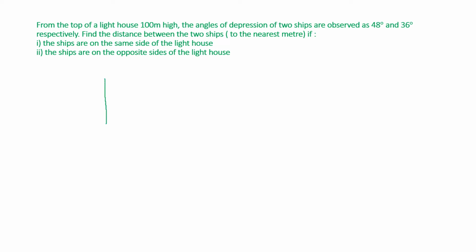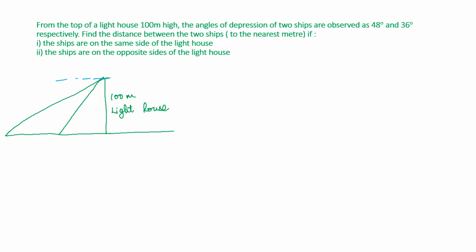First of all, suppose that this is the lighthouse and this is the sea. When I am saying they are on the same side, suppose this is the situation. This is the lighthouse, 100 meters high from here to here, and this is the normal eyesight, line of sight.